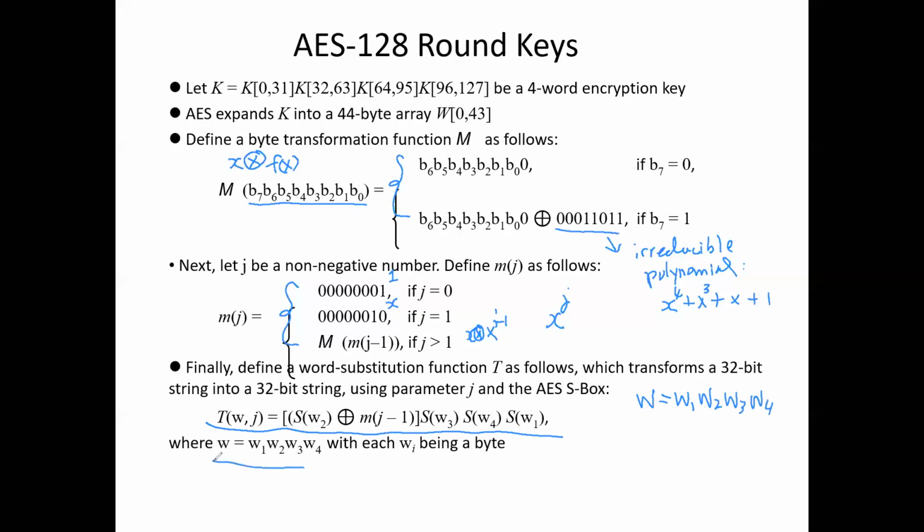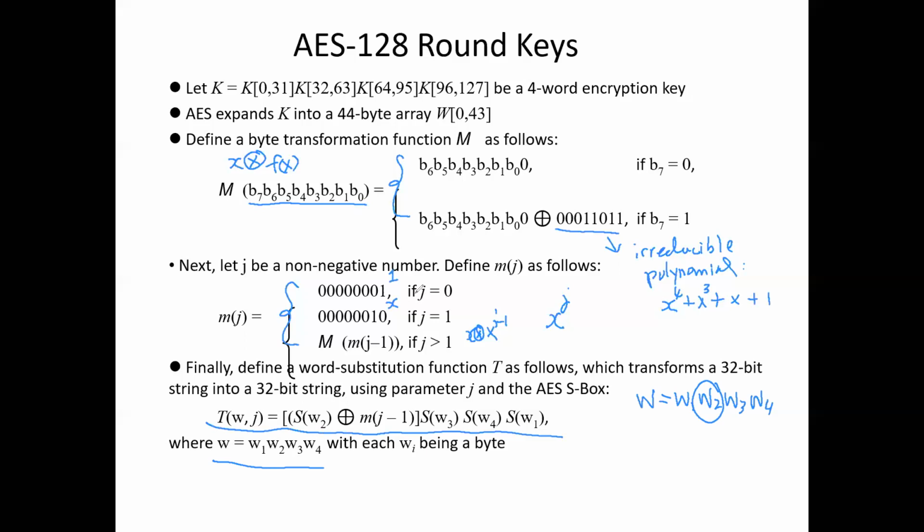Okay, so what you want to do is apply the substitution box S on W2, and then exclusive OR with small m of j minus 1. This j is right here.